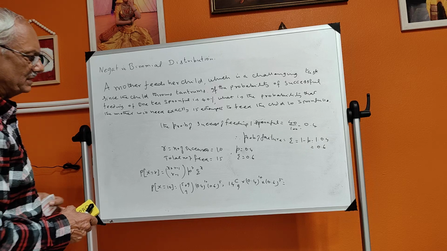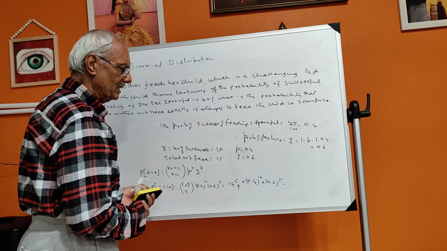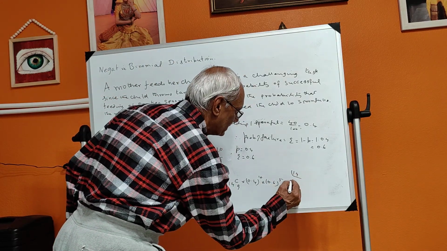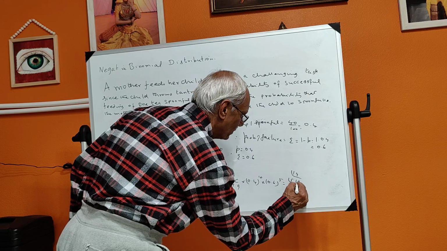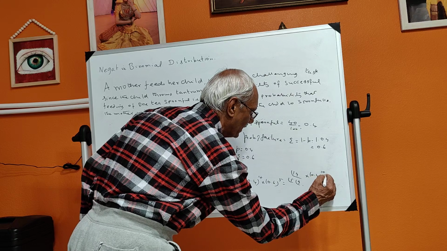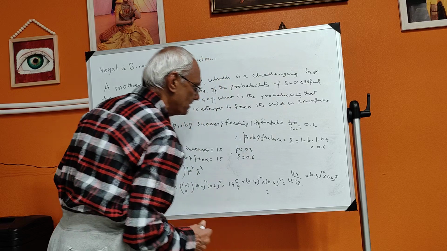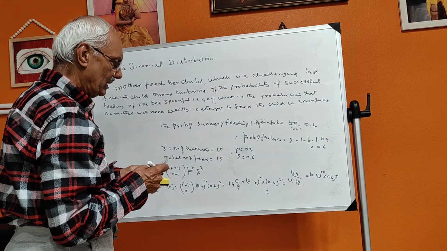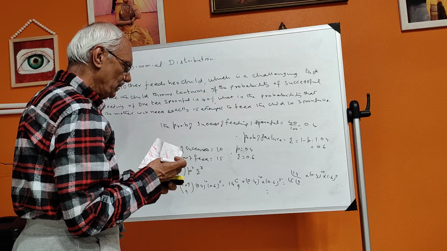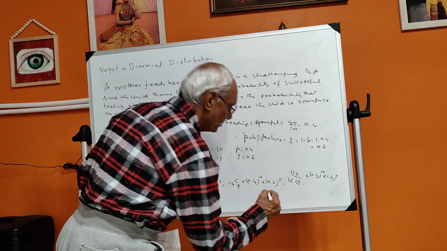This is very simple, you can use the calculator for 14 C 9. You can write this as 14 factorial divided by 5 factorial into 9 factorial, into 0.4 to the power of 10 into 0.6 to the power of 5. If you go for all the simplification here, the answer that you will get is 0.0164.